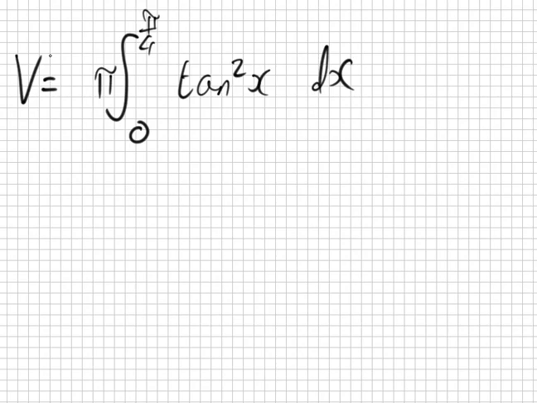But I feel like I should use 0 because most of the time it is usually 0 to something or a small number to something else. So I shouldn't be using a bigger number than pi over 4. After all, even if you got the limits wrong and you had no idea what limits to use, that would only be 1 out of the 5 marks. You'd still get 4 out of 5 anyways.